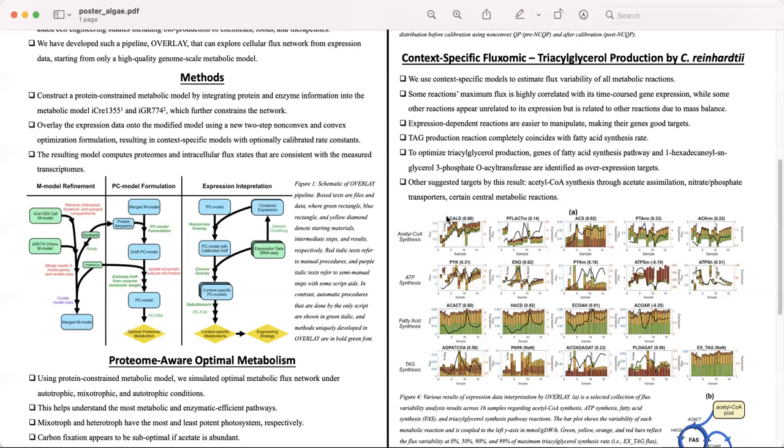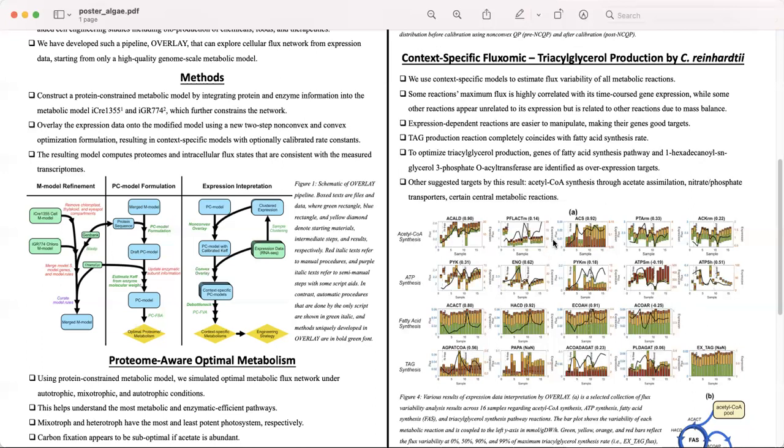So here we have the TAG production, which is right here. The bar is basically the flux variability. We can see the flux variability, the maximum TAG production, actually reduced over time and then increased over the course of the experiment.